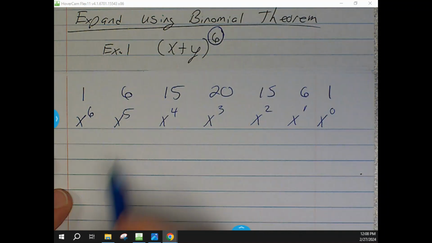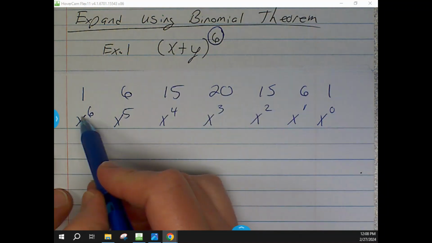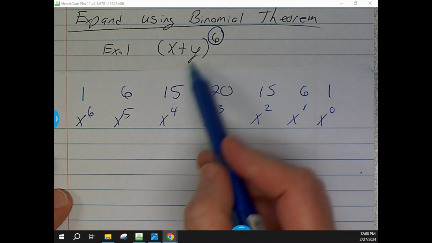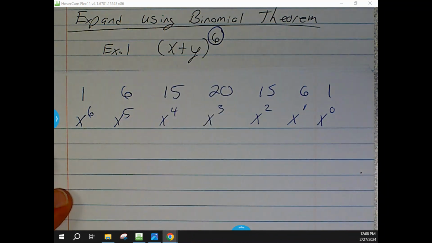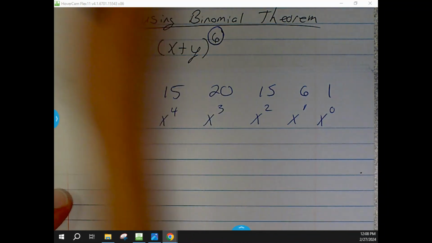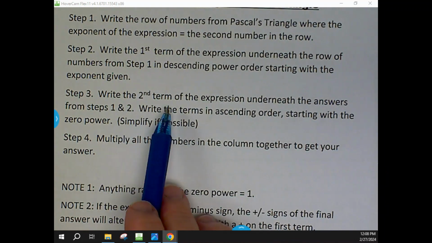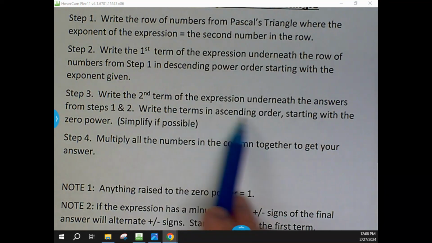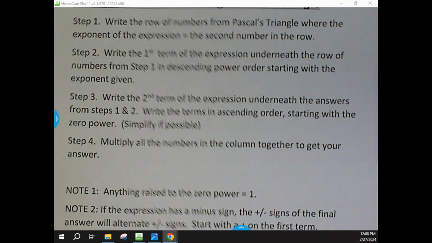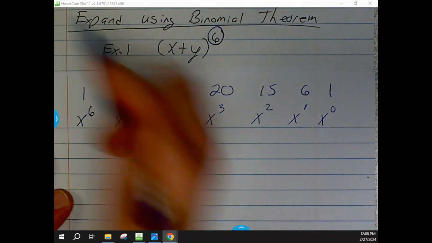So the first variable, you start with this power and count it down. For the second variable, step 3, you take the second term, and you can do it one of two ways. Now we're going to take y.